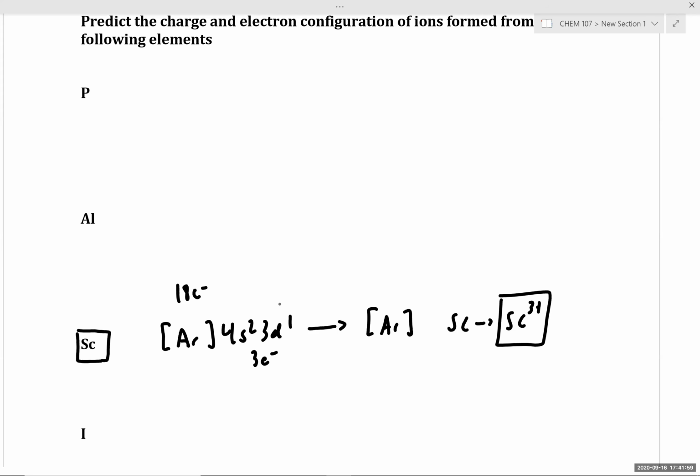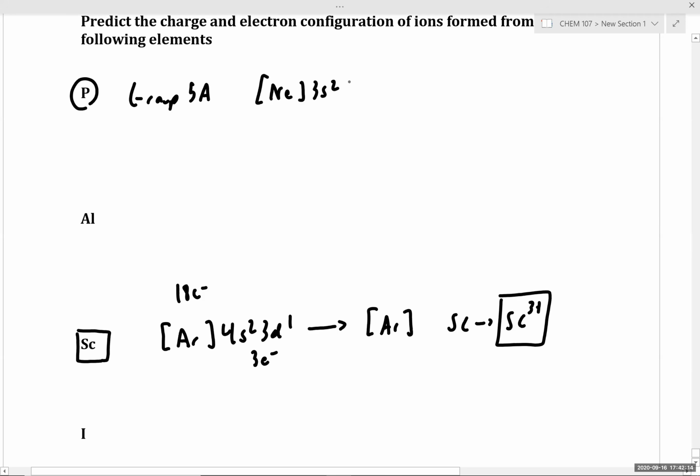So let's discuss this example here. So phosphorus is a group 5A element. Just to make sure that we have a nice reference to go off of, it has a configuration of neon 3s2 3p3. So using our formula, our charge is equal to the group number, which is 5, minus 8, which would be minus 3.